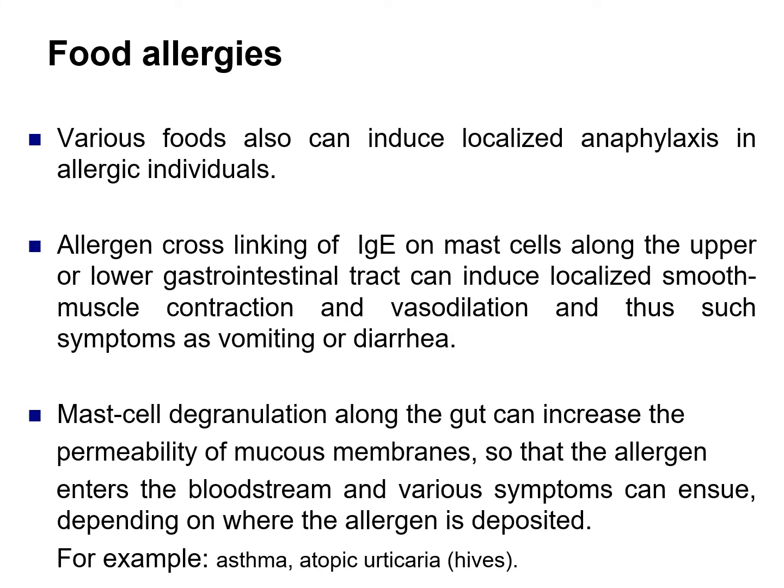Next is food allergies that can be caused by the allergen. For example, seafood, which contains iodine, can cross-link with the IgE in the mast cells, and it can trigger the contraction of the smooth muscles of the lining of the GI tract, and also vasodilation, leading to symptoms like vomiting or diarrhea.